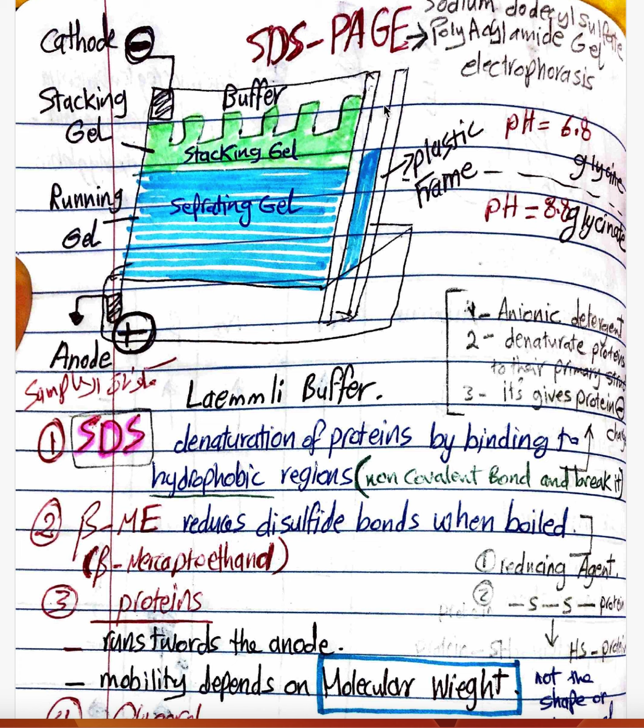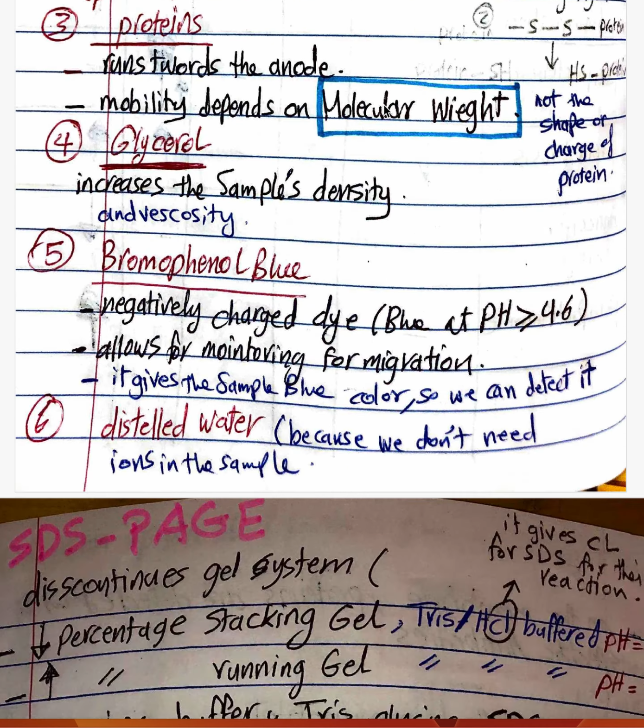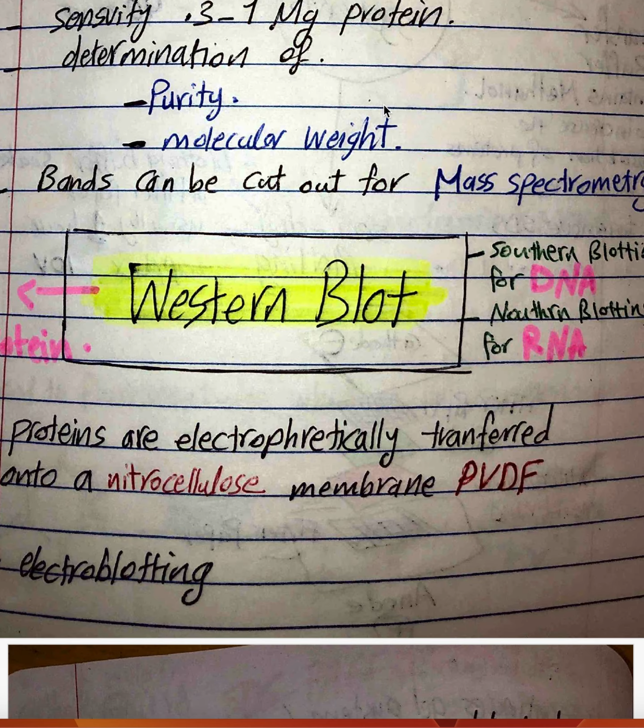It's called a nitrocellulose membrane. So instead of the gel, we use nitrocellulose membrane, and that will be our topic for the Western blot.